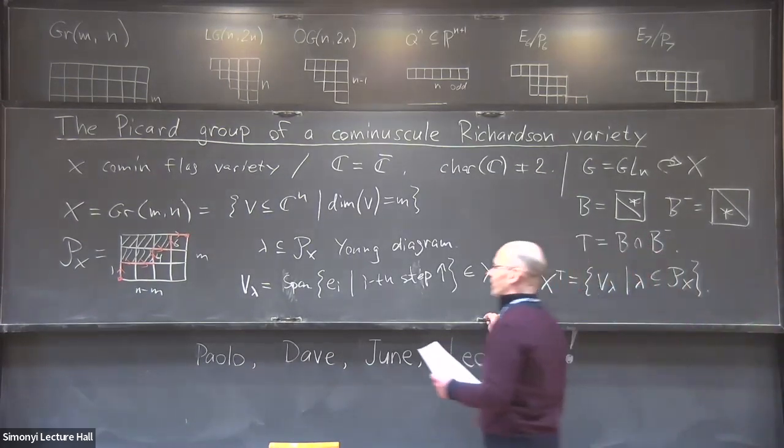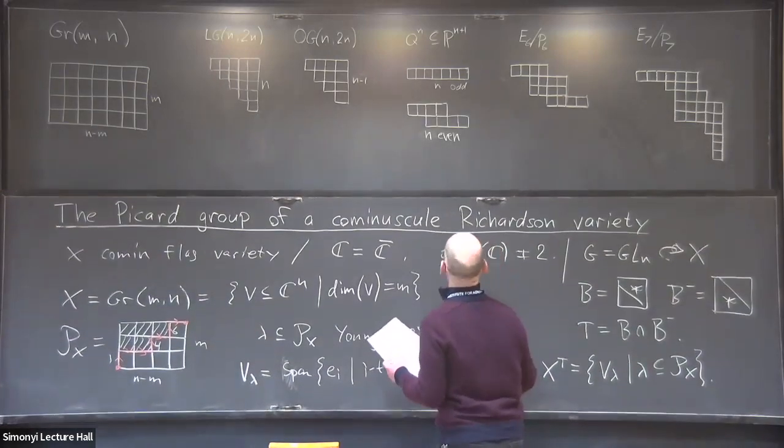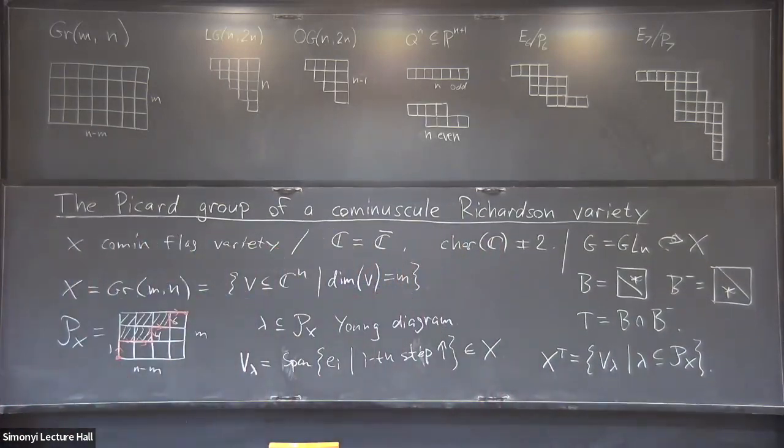Maybe I'll leave the pictures on a little bit. So we have Schubert varieties. X_lambda, that will be the B-orbit closure of V_lambda, and X^lambda, that will be the B minus orbit closure of V_lambda inside the Grassmannian.